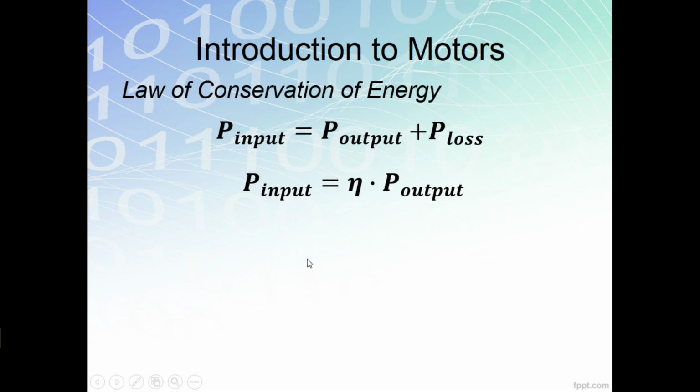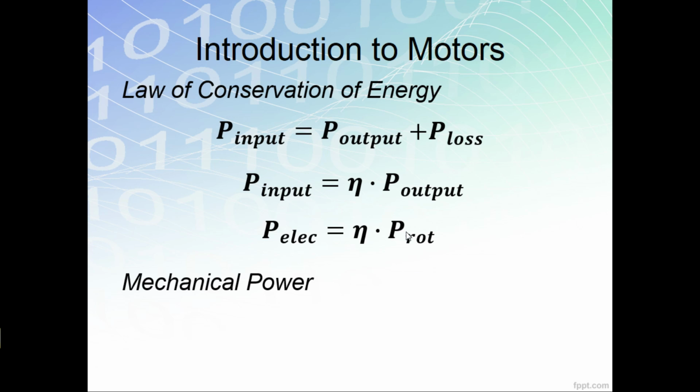To be specific, in a motor, since we know that a motor converts electrical power to mechanical power, let's replace the input power with electrical power and the output power with rotational power. So let's define mechanical power. In general, power is the rate at which work is done, so it's work over time.